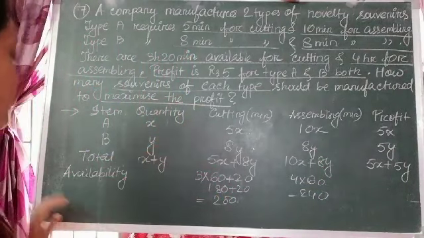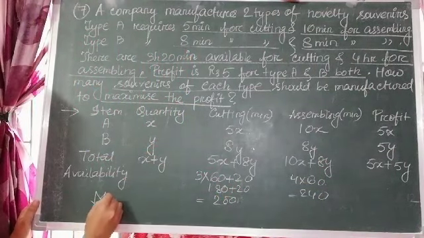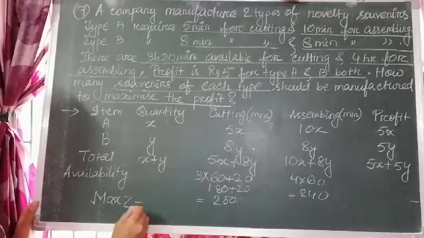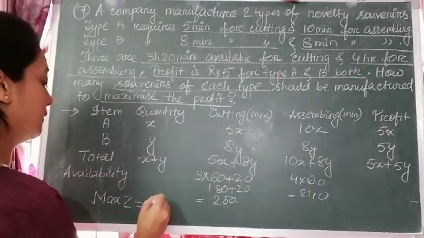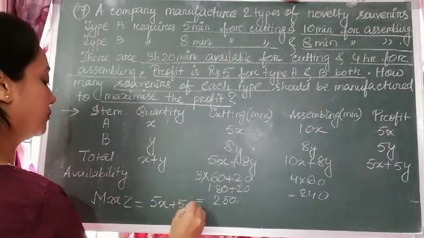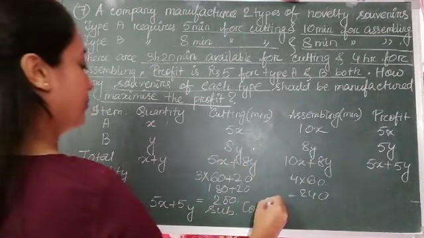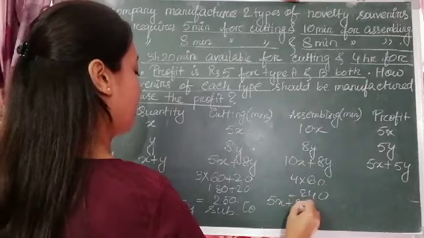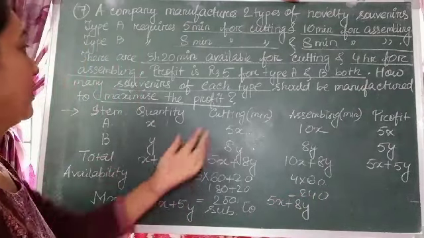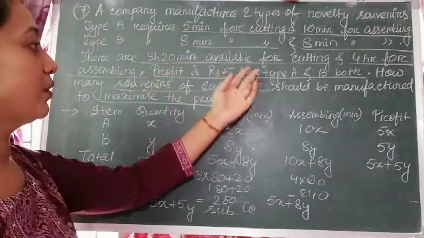So you have to maximize the profit, hence maximum of Z is equal to 5x plus 5y subject to the constraints 5x plus 8y, and the time available is 3 hours 20 minutes for cutting.